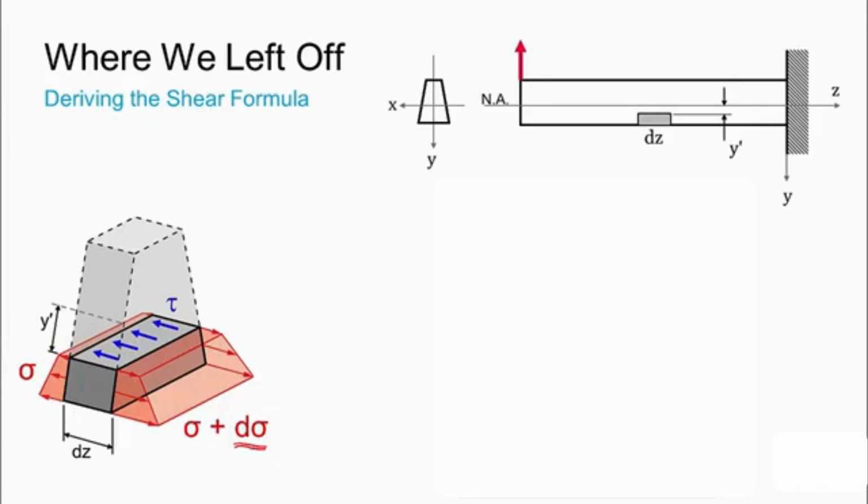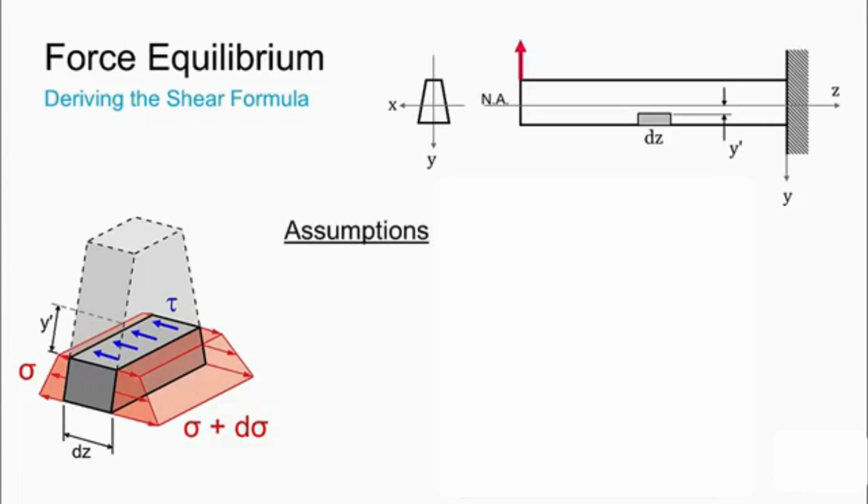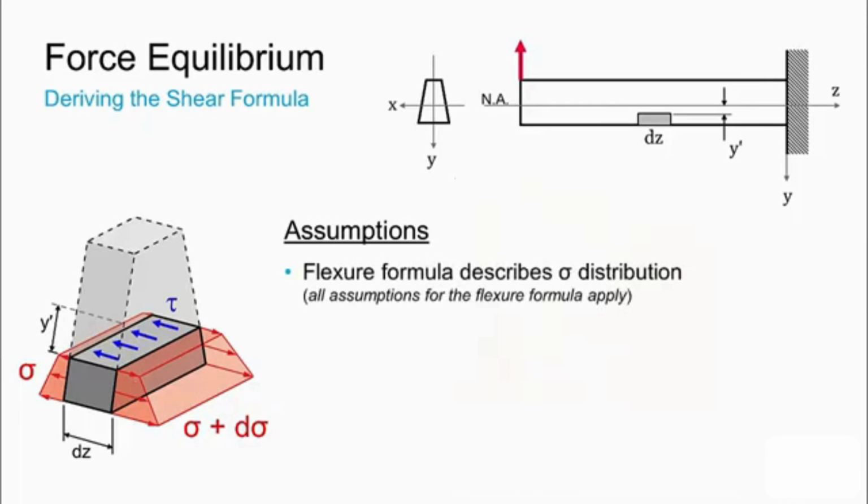Now, in this video, we are actually going to look at equilibrium of the resultants of all these stresses in order to derive our equation. But before we do that, we need to think about some of the assumptions we're making in this analysis. The first major assumption is that the flexure formula describes the normal stress distribution in our beam.